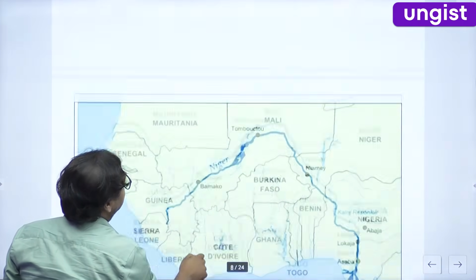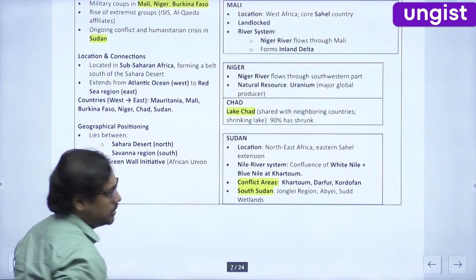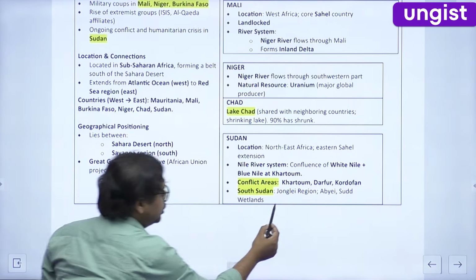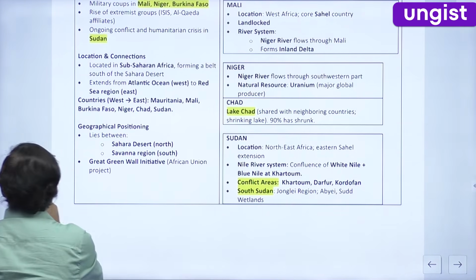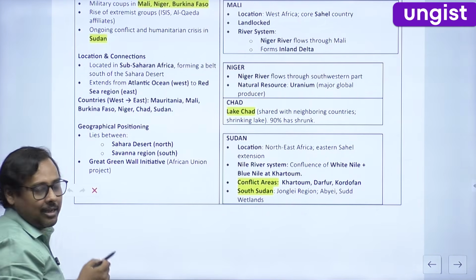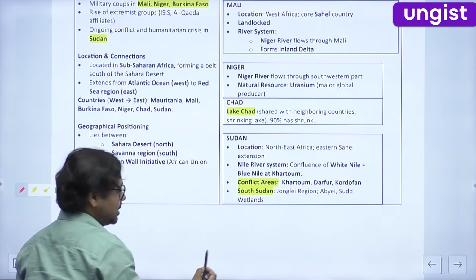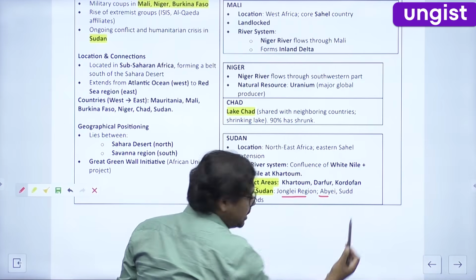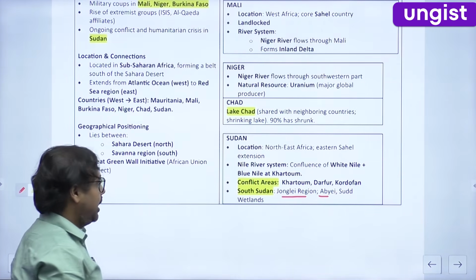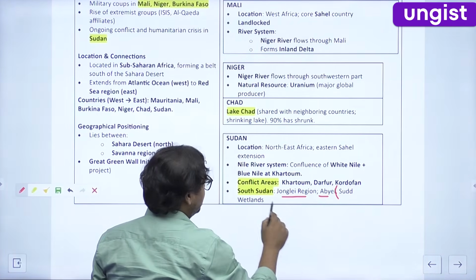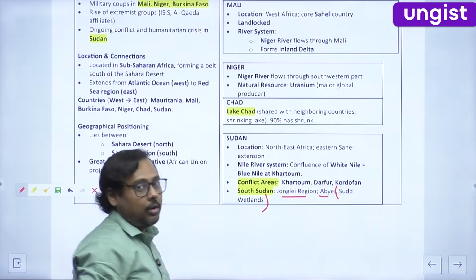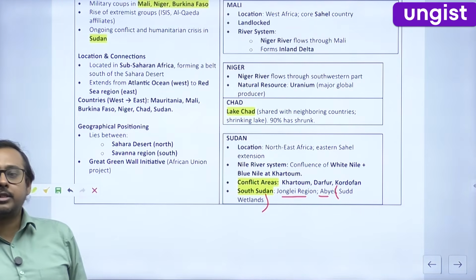Now let's look at the conflict regions of South Sudan once. We have your Jonglei region. I'm pronouncing it as one reads English, but I don't know the actual pronunciation. Jonglei region. Obviously, you have your Abyei region, and the Sudd wetlands. Now, what are the Sudd wetlands?